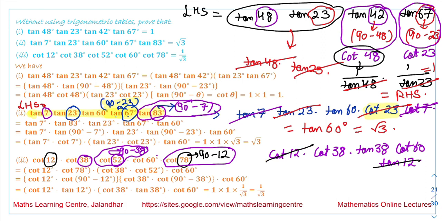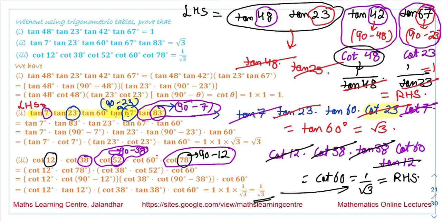So these two get cancelled. Cot 38 and tan 38 get cancelled, it is 1. So the final answer we will get is cot 60, and the value of cot 60 is 1 by root 3, and that is equal to the RHS. This is the value 1 by root 3 that we are obtaining over here.